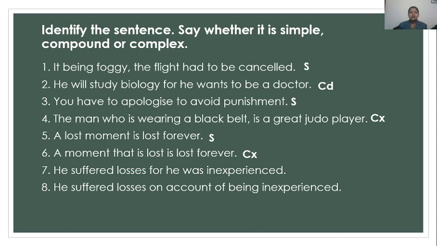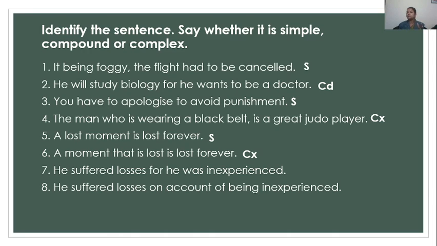Look at the 7th. He suffered losses for he was inexperienced. The sentence has how many finites? Two. Suffered and was. Children, you need to revise the verbs once again. I will also try, and I want you all to please read that chapter once again. What are finite and non-finite?